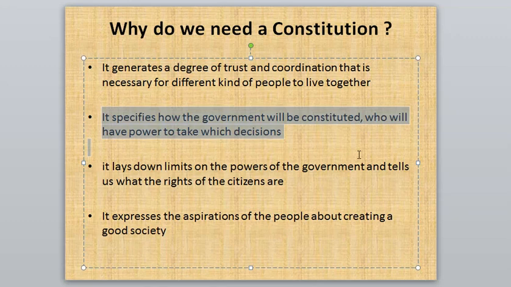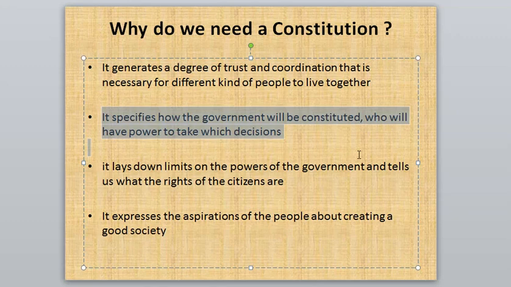All that is written in the constitution: how to govern a country, the Election Commission, the panchayati raj system, local government, the citizenship act, everything is there in our constitution.